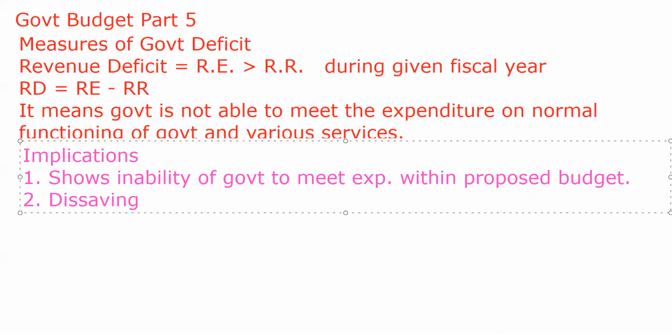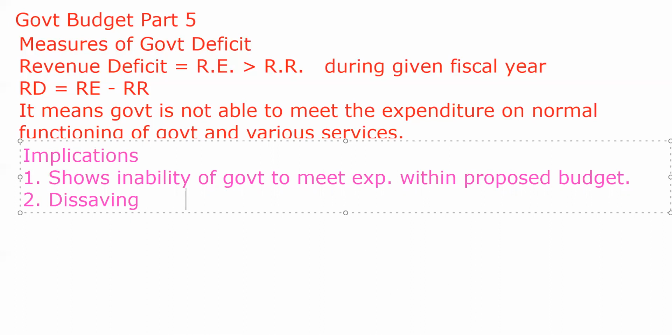What do we mean by dis-saving? This is a kind of negative saving, whenever the spending is financed by already accumulated saving, such as money in the saving accounts, or it can be borrowed even. Then it is known as the dis-saving.